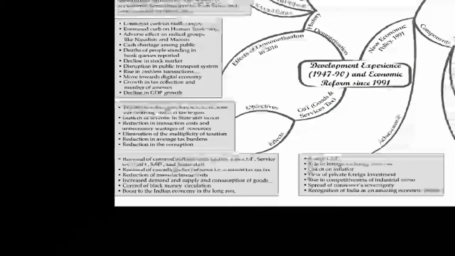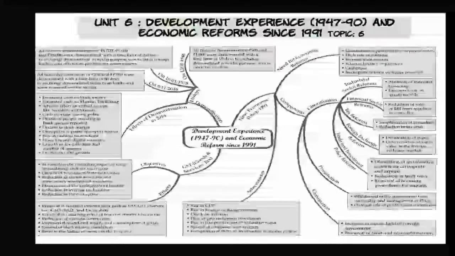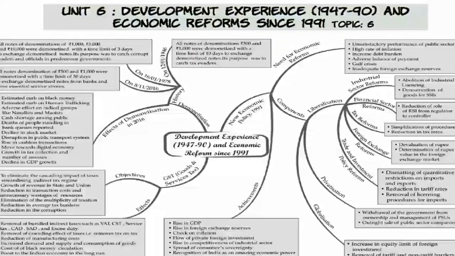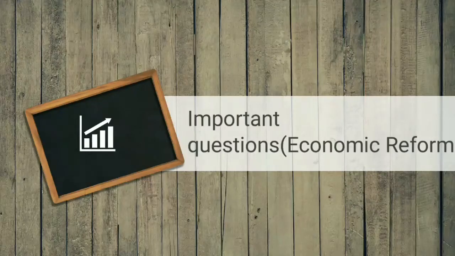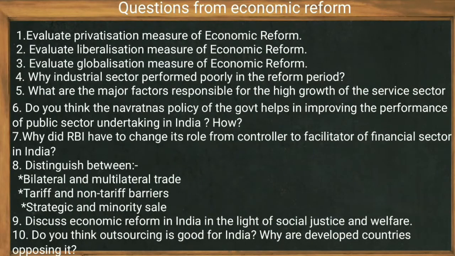So this was total summary of Indian economy after 1990, means NEP policy when it was implemented in the year 1991. So this much we have to study from the first, second and third chapter, and these first, second and third three chapters consist 12 marks from the exam point of view. So you are going to understand in this way. Now I have given you some of the important questions. Kindly go through it. There are 10 questions I have taken out.